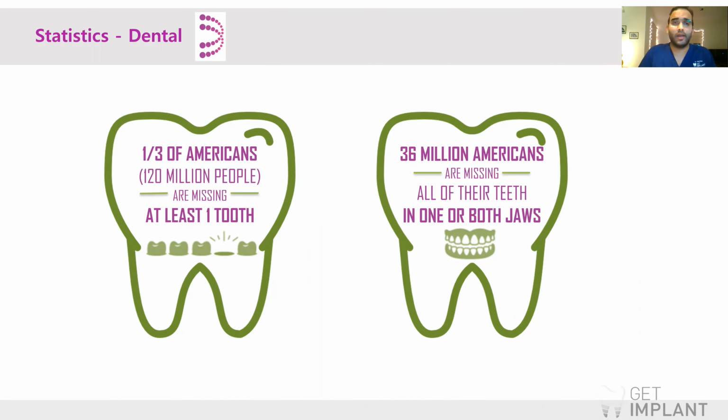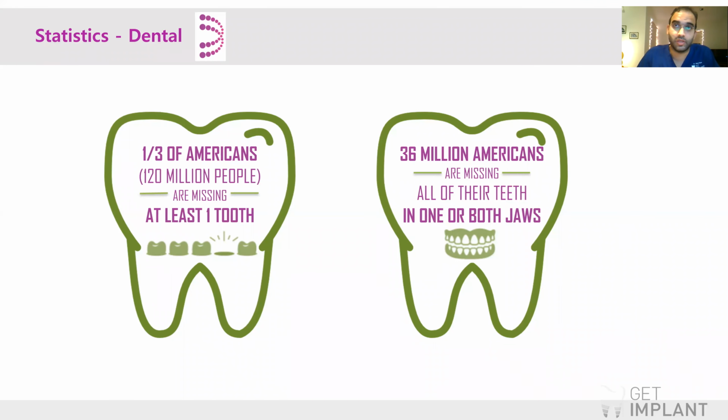So just to end, in general, there is a very big need of doing single implants. As per statistics, almost 10 to 12% of the American population, and I think that number would be a lot higher, maybe 15 to 20% of the adult Indian population, has at least one tooth missing. Actually, a third.